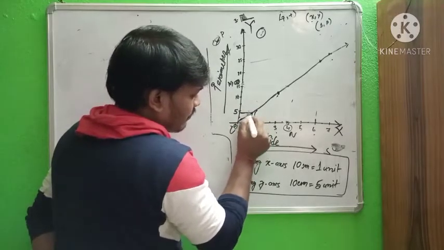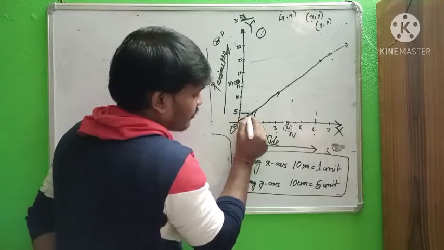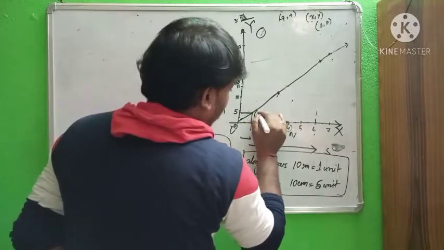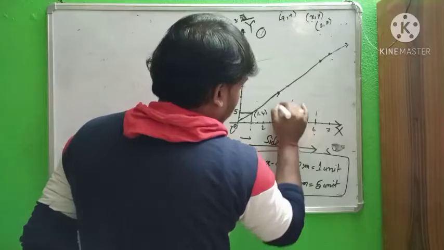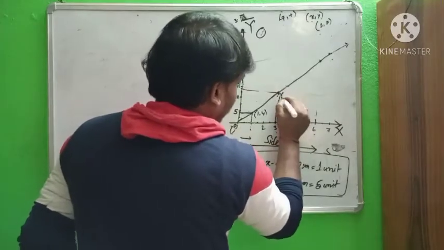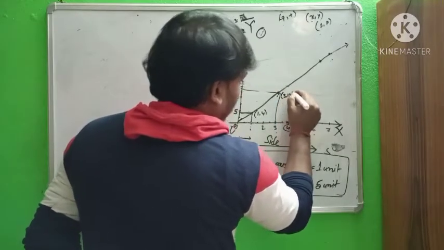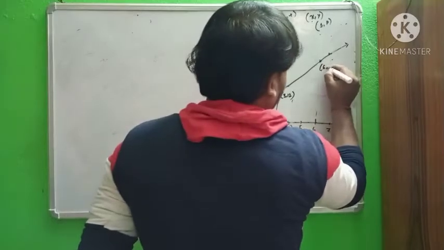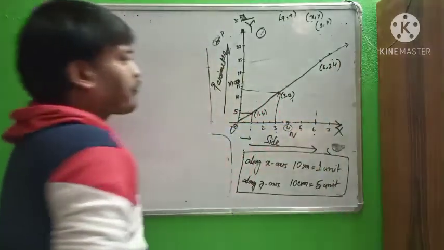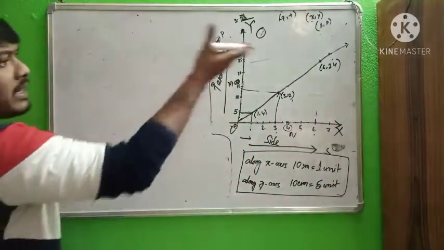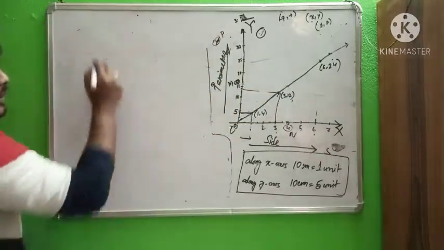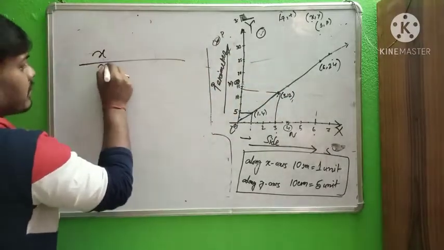So here divisions are there. So it is 4, that means 1 comma 4, and it is 3 comma 12, and it is 6 comma 24. So find the equation of the line. We take two variables x and y.